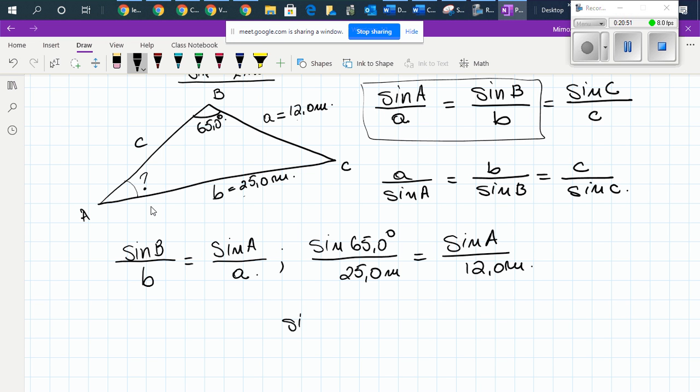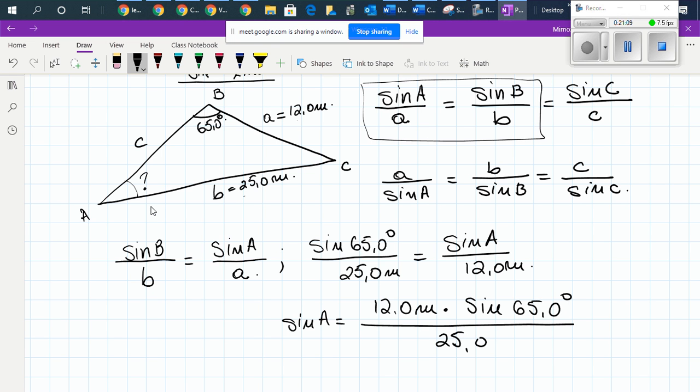If we solve now for sine A, see the units will cancel and work perfectly. So we'll have 12 meters times sine of 65 degrees over 25 meters. Meters and meters will cancel out. And then using your calculator, you will find that sine A is equal.